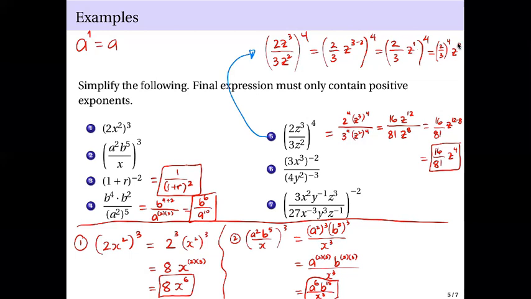Then you'll get this z to the 4 immediately. And then you can do this again, abuse of the properties. So you have 2 to the 4 over 3 to the 4, z to the 4, and simplifying this, you'll get 16 over 81 z to the 4. So you will end up with the same final answer. Okay? Question so far?